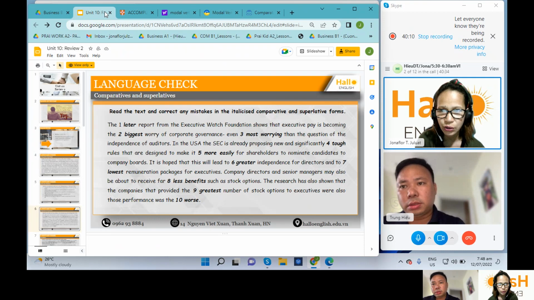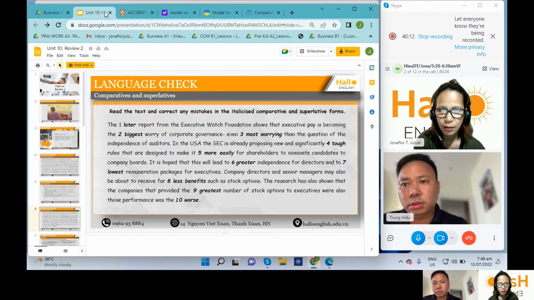Rules that are designed to make it more easily for shareholders to nominate candidates to company boards.